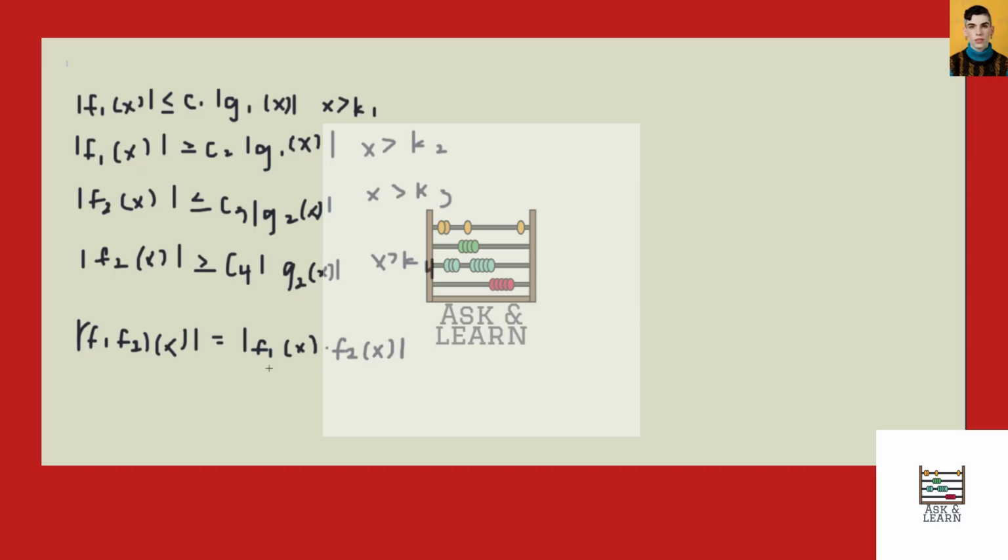Then this becomes equal to the absolute value of f1(x) times the absolute value of f2(x), which is less than or equal to c1 times the absolute value of g1(x) times c3 times the absolute value of g2(x).